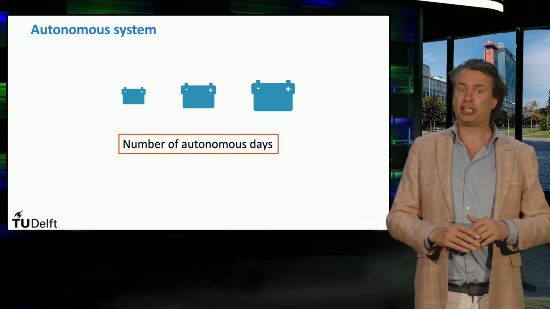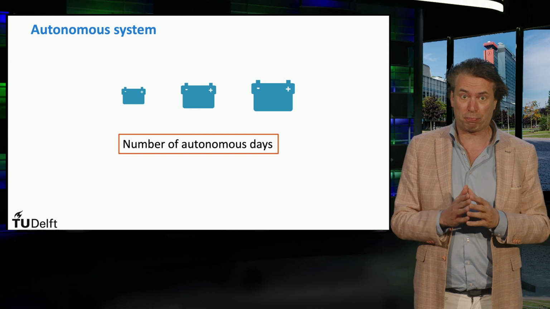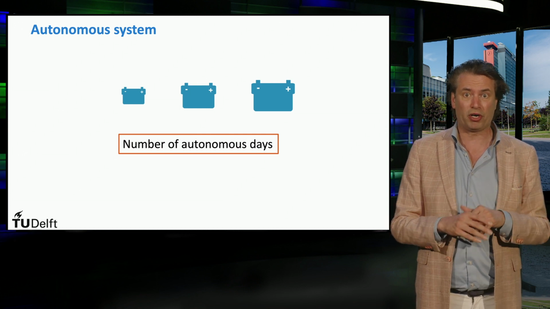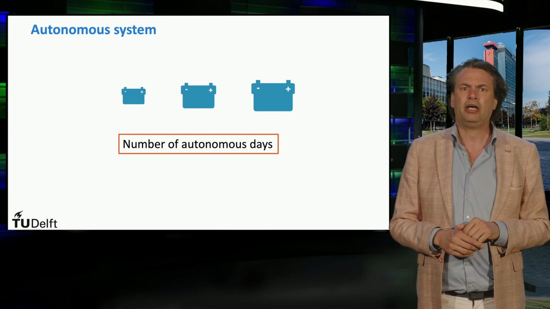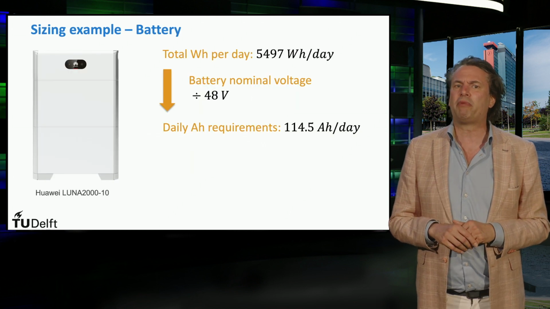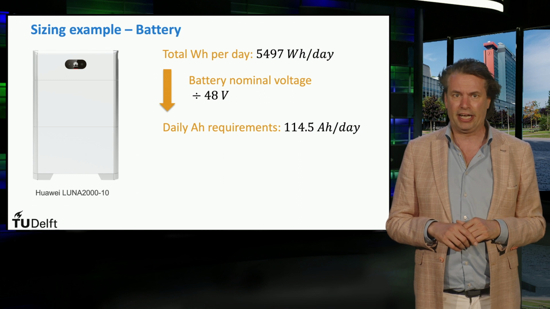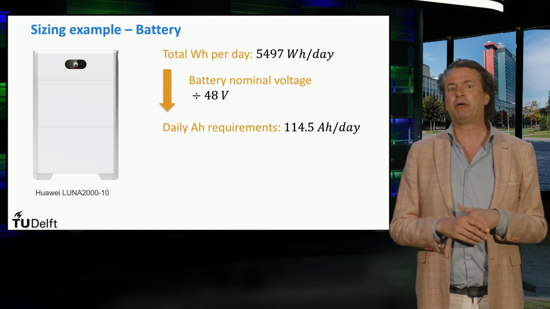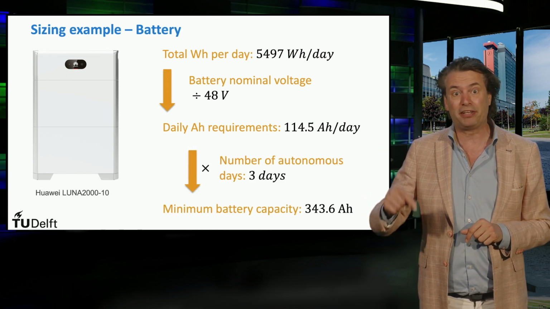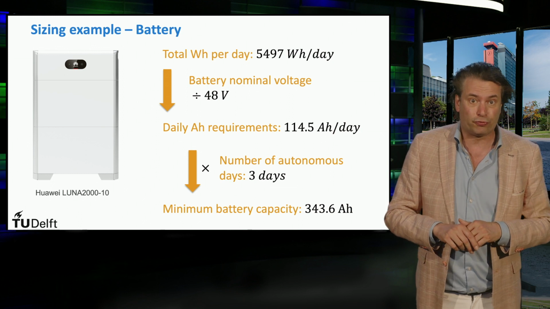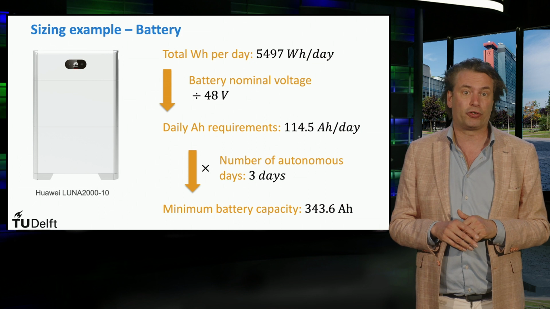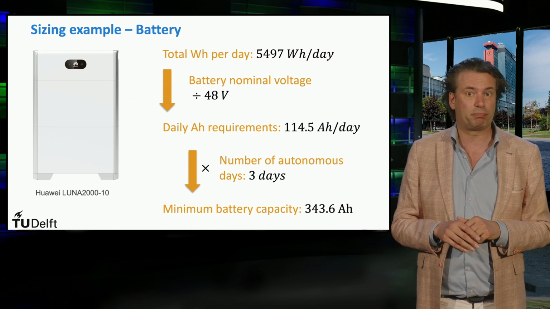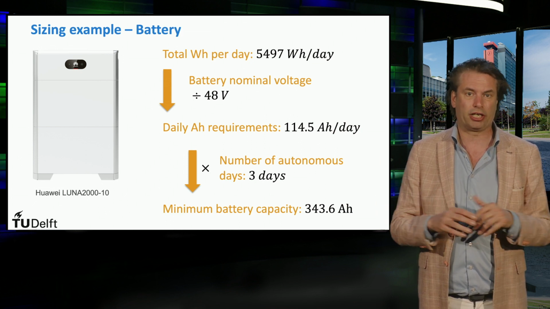It allows the system to deliver power during a period with a low solar irradiance due to cloudy days, for instance. Here we like the system to match 3 autonomous days. This means that the minimum battery bank capacity would be 3 times the 114.5 amp hours per day, resulting in 343.6 amp hours per day per cycle.